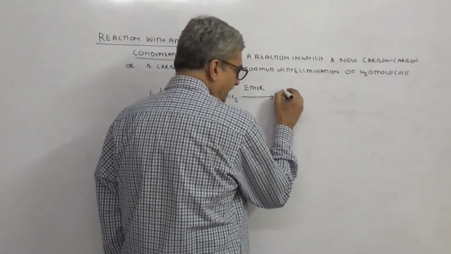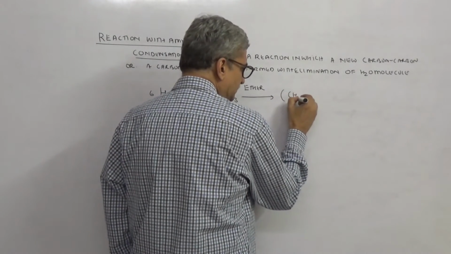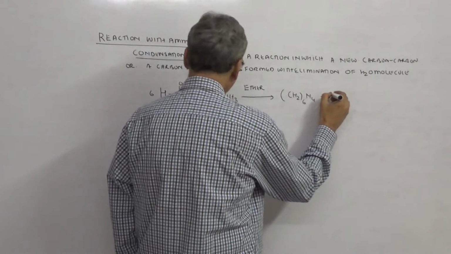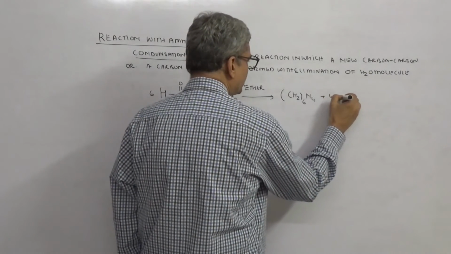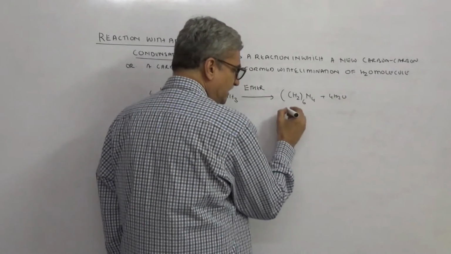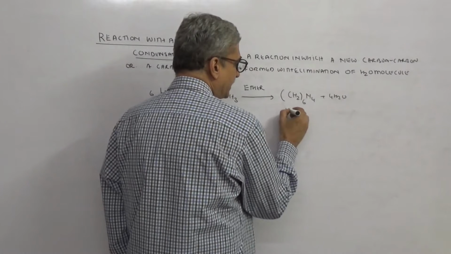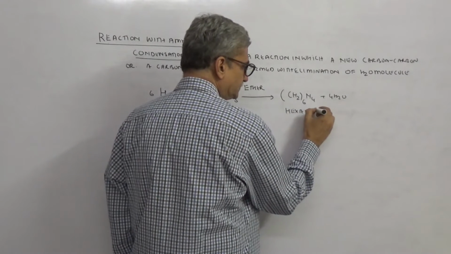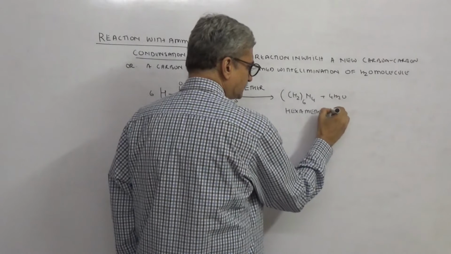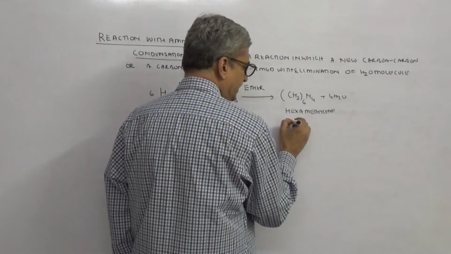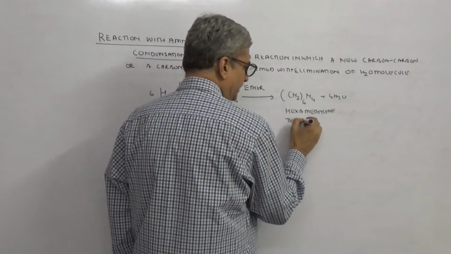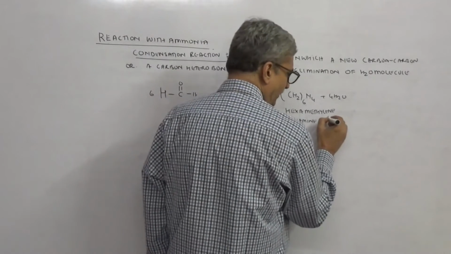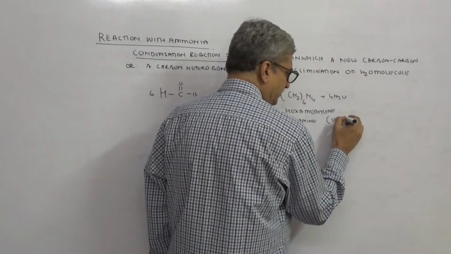You get this compound C6H12N4 plus 6H2O. This compound is called hexamethylenetetramine. This is also popularly called urotropin.